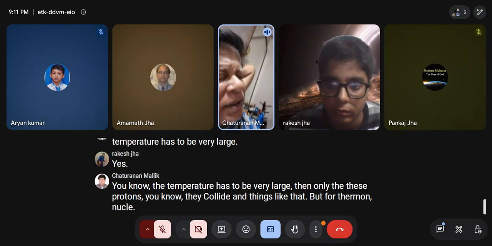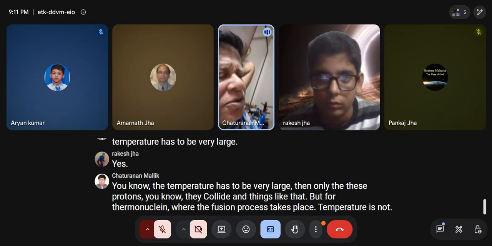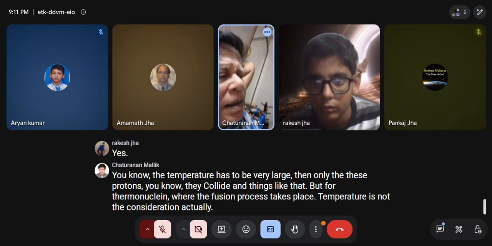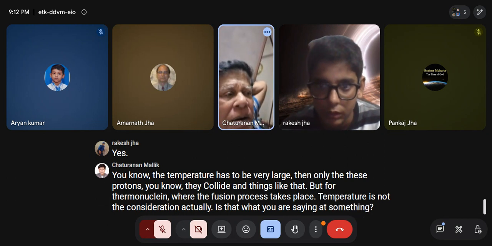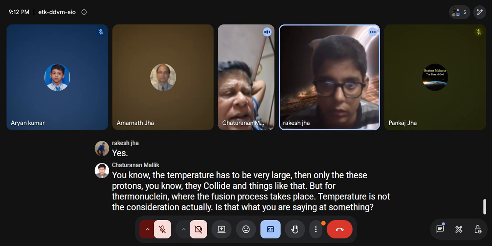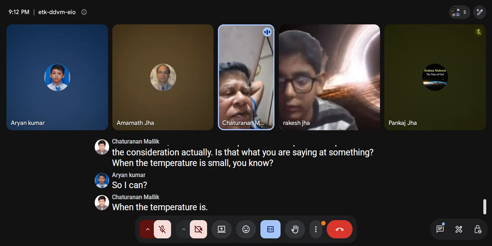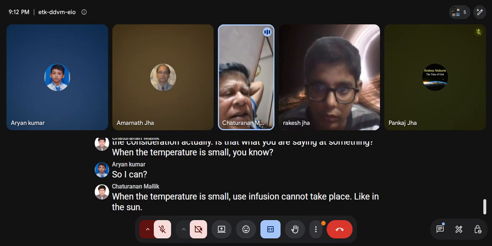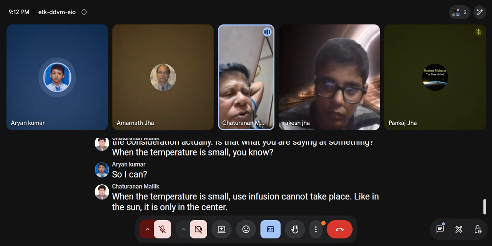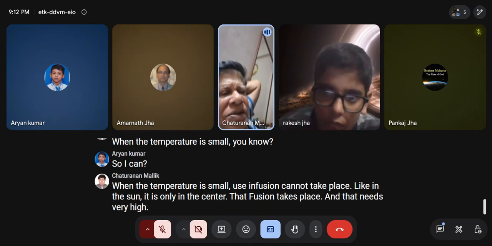But for thermonuclear, where the fusion process takes place, temperature is not the consideration actually. When the temperature is small, fusion cannot take place. Like in the sun, it is only in the center that fusion takes place, and that needs very high temperature.